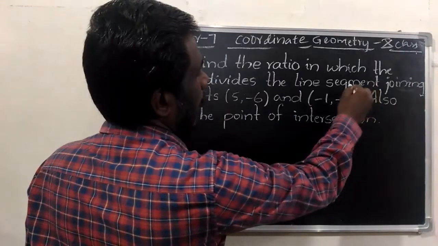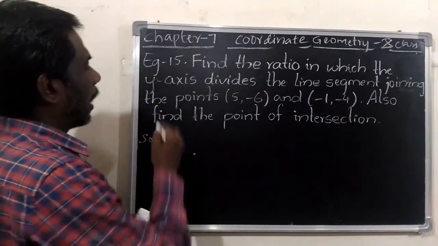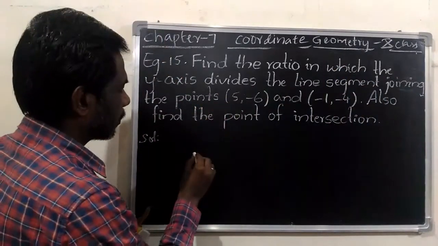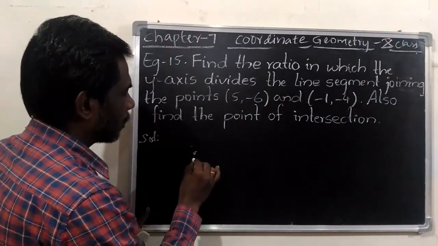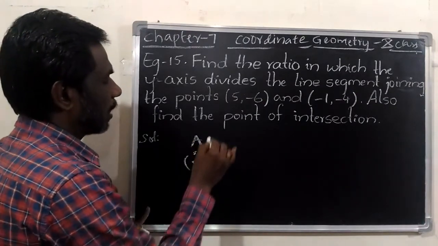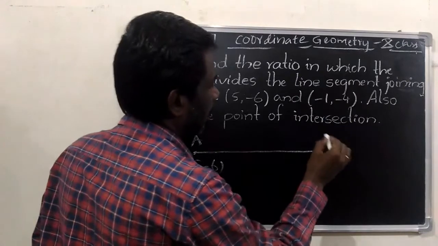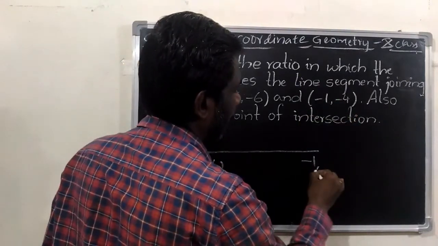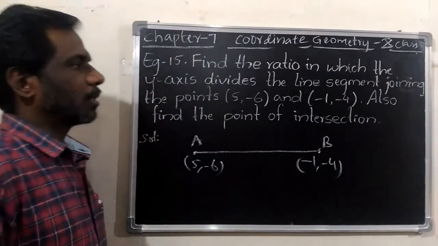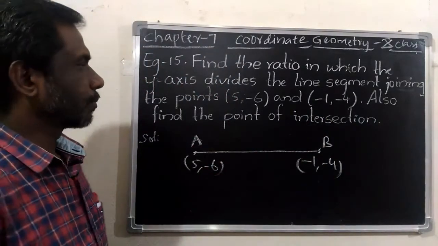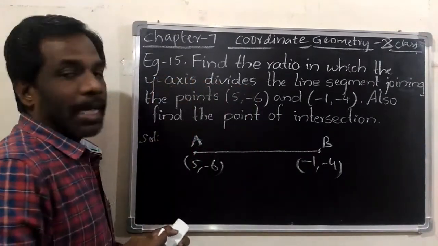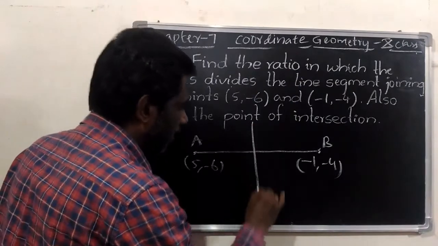So here the line segment joining the points: the first one is (5, -6), let that be A, and the second point is (-1, -4), that is B. This line segment is divided by the y-axis.